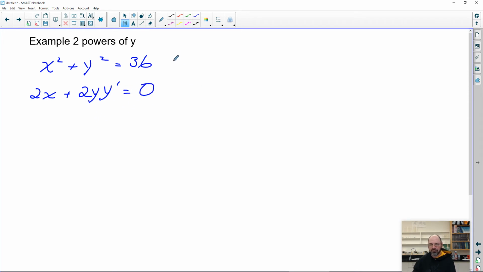Okay, and then what we do is we derive normal. And then here we isolate y prime. If we want to isolate y prime, we're going to bring it over to the other side.